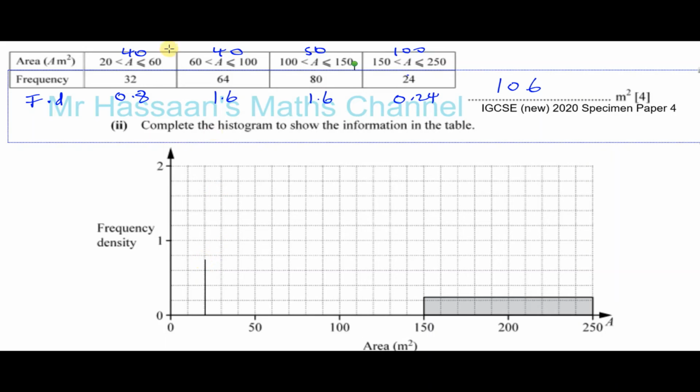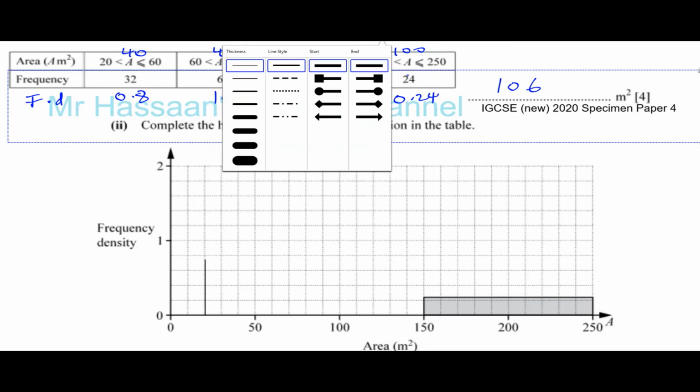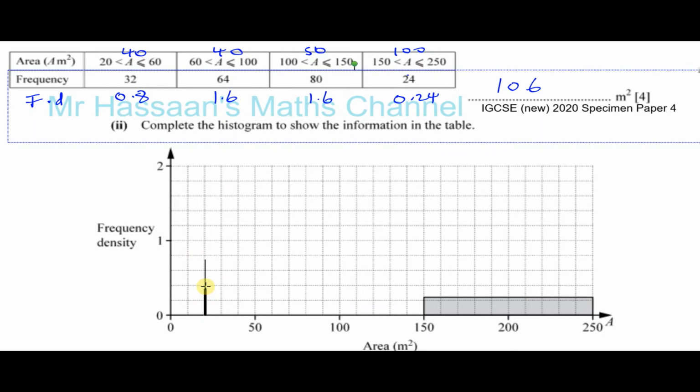Let me make the line a bit thicker. Okay, I think that's better. All right, so it goes up to 0.8, and so that's up to 60. 60 is over here. So the first bar will look something like this. It will go up to 60.